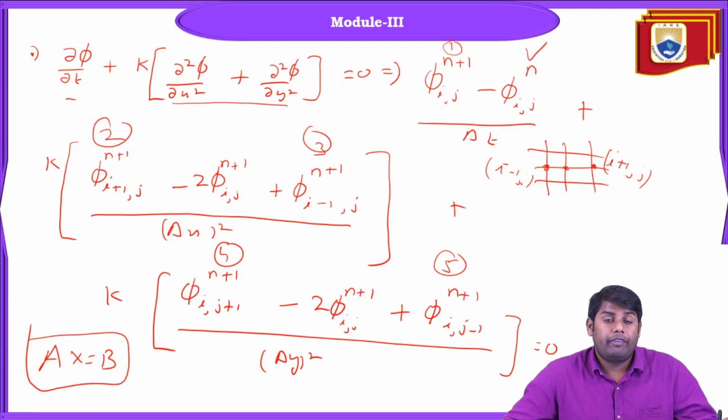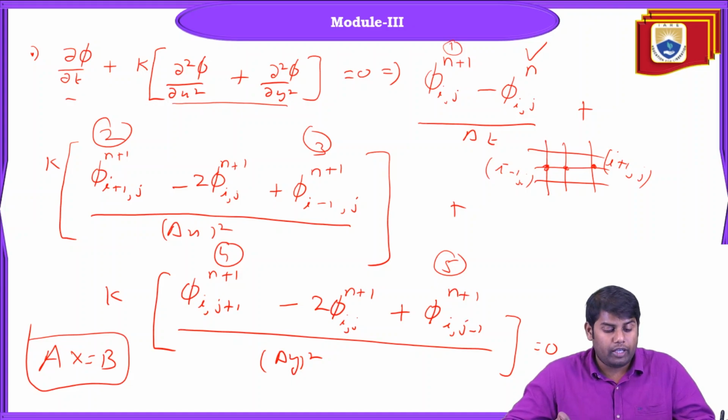So it's not very straightforward. When you want to solve the equation at i, j, you have to solve simultaneously the equations at i plus 1, i minus 1, i minus 2, i plus 2, j plus 1, j minus 1, j plus 2. Whatever grid points are available in the mesh, at all the grid points you have to write the equation, collect them together and form a matrix. This is for 2D I'm talking.